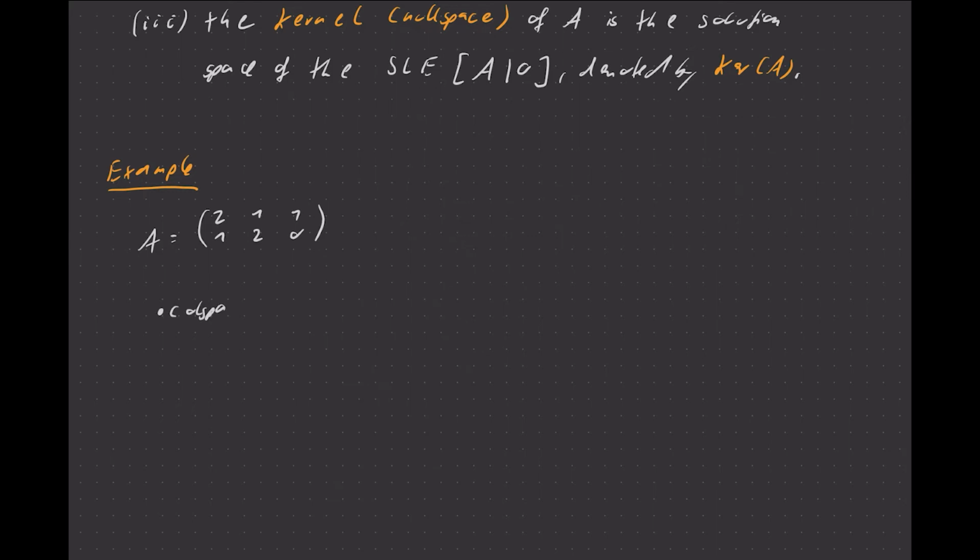So column space of A is equal to the span of (2, 1), (1, 2), and (1, 0). So we just take the 3 columns as single vectors and take their span. And obviously in this case, this is R2 because we have at least 2 linearly independent vectors in that set, so that would span the whole R2.